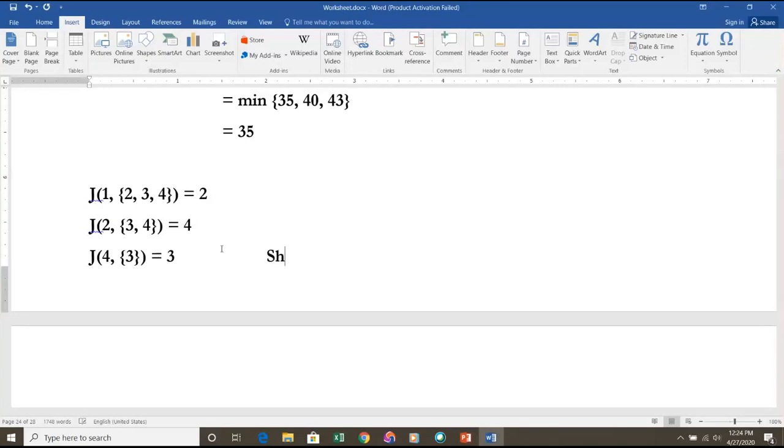That means the final path, the optimal path, is: from 1 you are reaching 2, from 2 you are reaching 4, from 4 you are reaching 3, and from 3 you have to reach back to 1. So this is the optimal path with cost 35. Fine. So this is the answer.